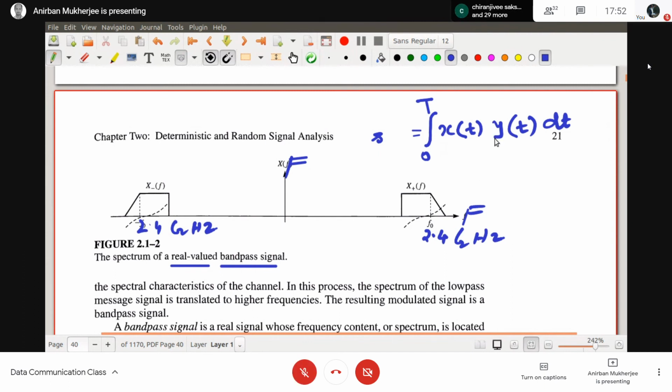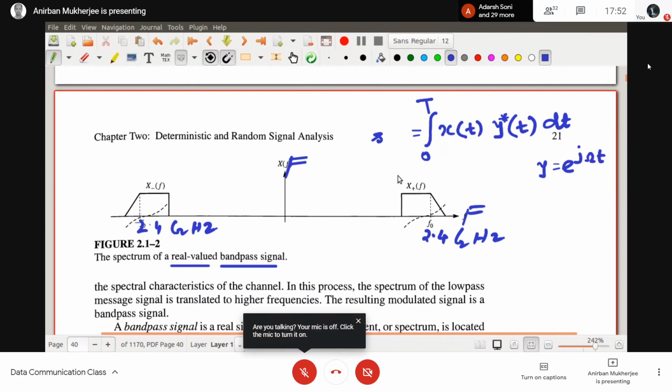So if it is a complex function, similarity is computed like this. Now if I say y(t) equals e to the power j omega t, then forgetting about the limits, I am just taking one period, and you get x(t) e to the power minus j omega t.